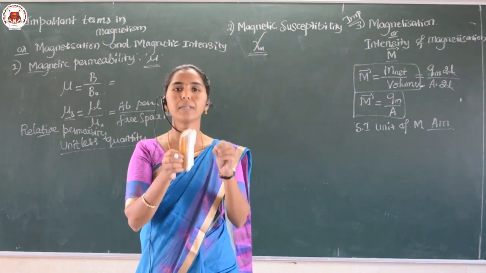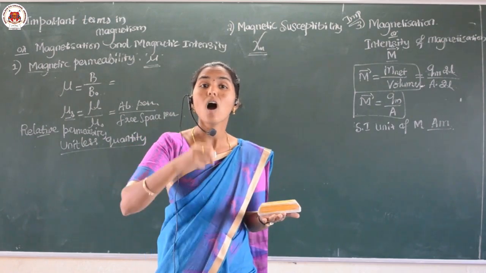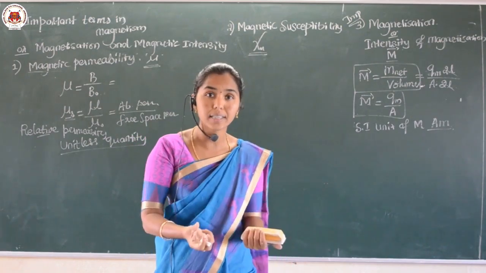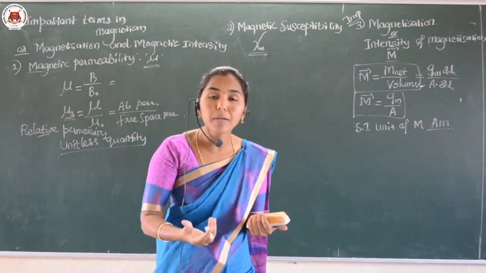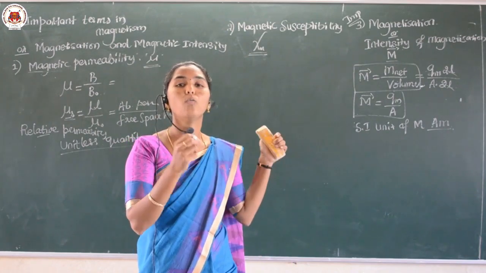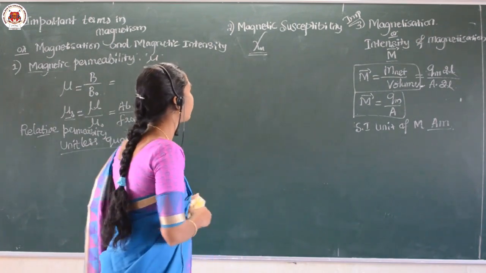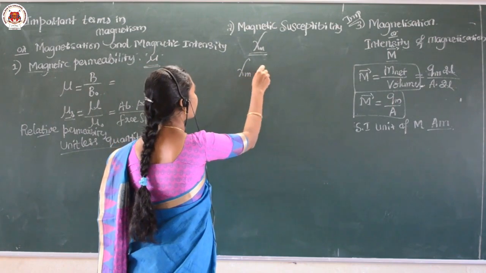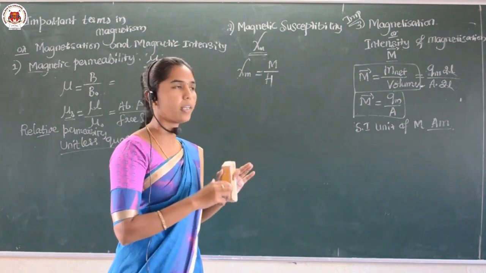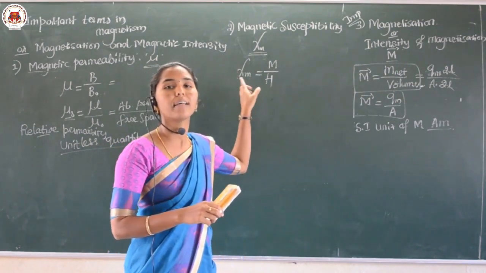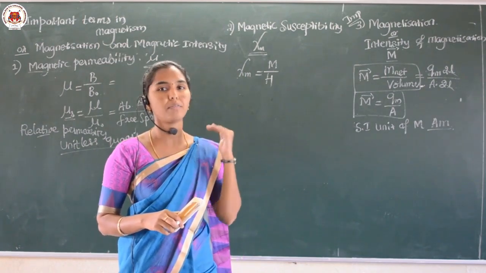When a magnetic material is placed in the magnetic field, the susceptibility explains how the magnetic material will adjust with the external field, how it reacts, how it explains the magnetization when it is kept in the external field. That is why magnetic susceptibility xi m is defined as M upon H. See dear students, first I am writing the formula because with the help of the formula only you can remember the definitions.